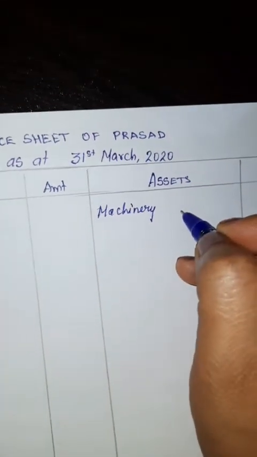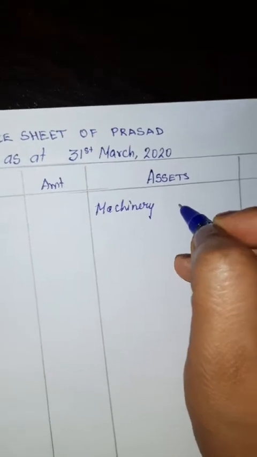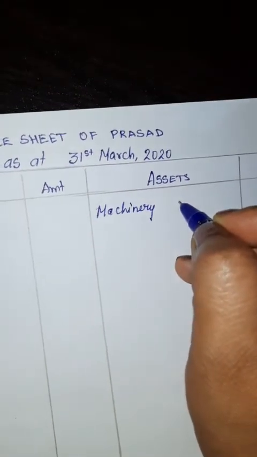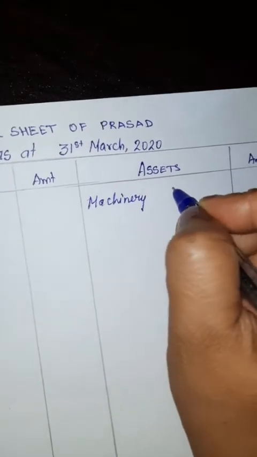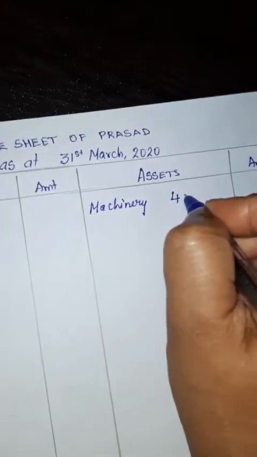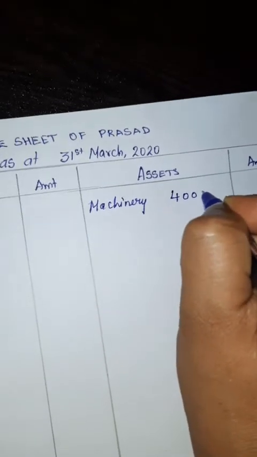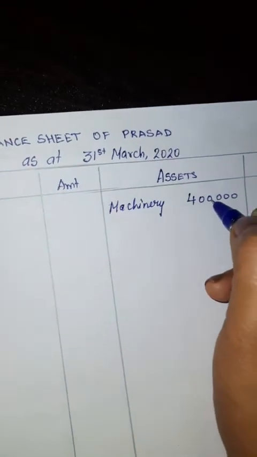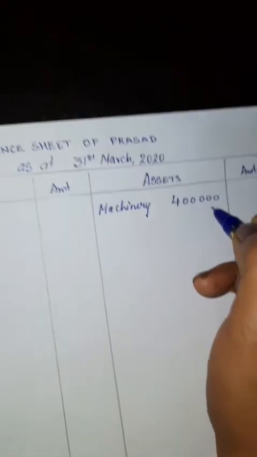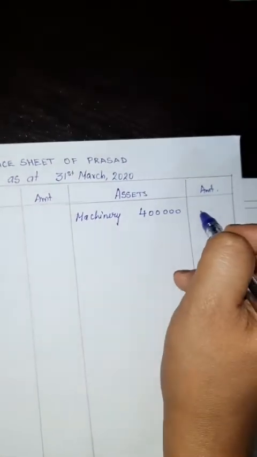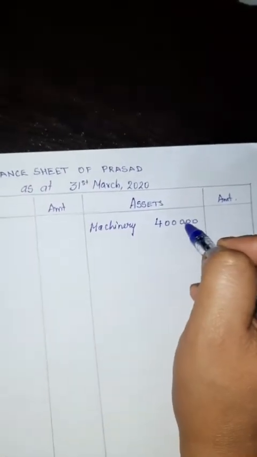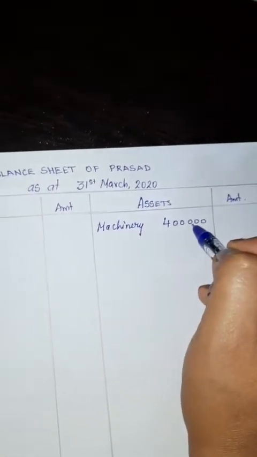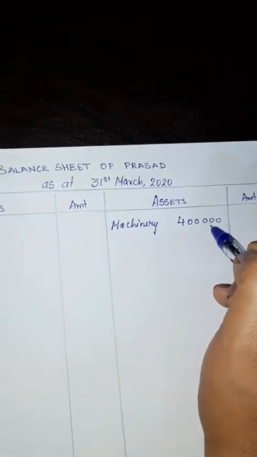That means there is an adjustment related to that item. So if you find any tick mark on an item, you are supposed to write the amount in the inner column. So I have written the machinery item in the inner column as 4 lakh. Don't write the amount in the outer amount column.